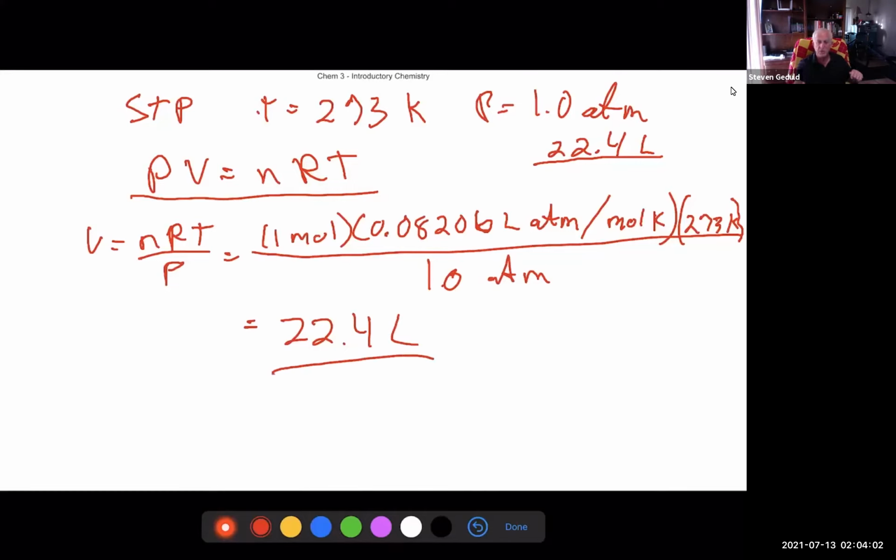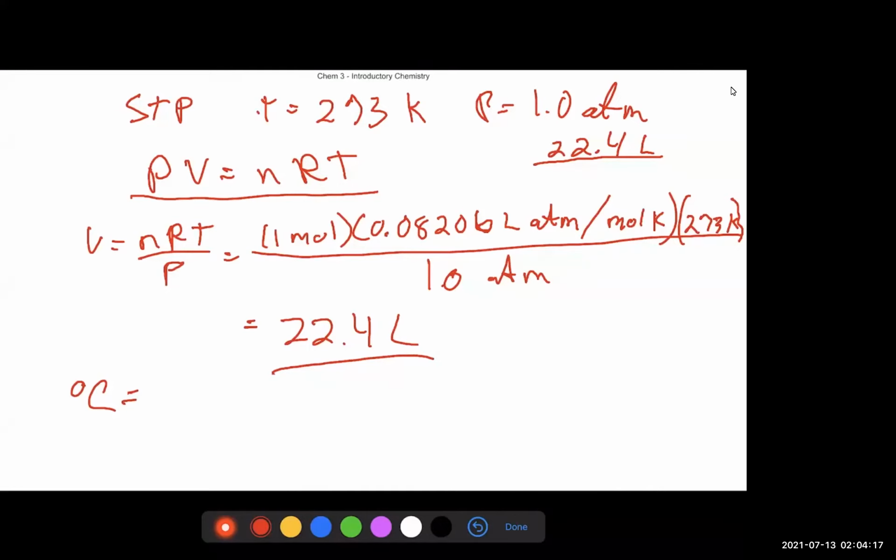This is the reason we use Kelvin also. See where it said 0 degrees centigrade? Can you ever have 0 Kelvin? No. You can never have 0 Kelvin. All motion stops, which means all matter will condense, because electrons are in motion around the atom.